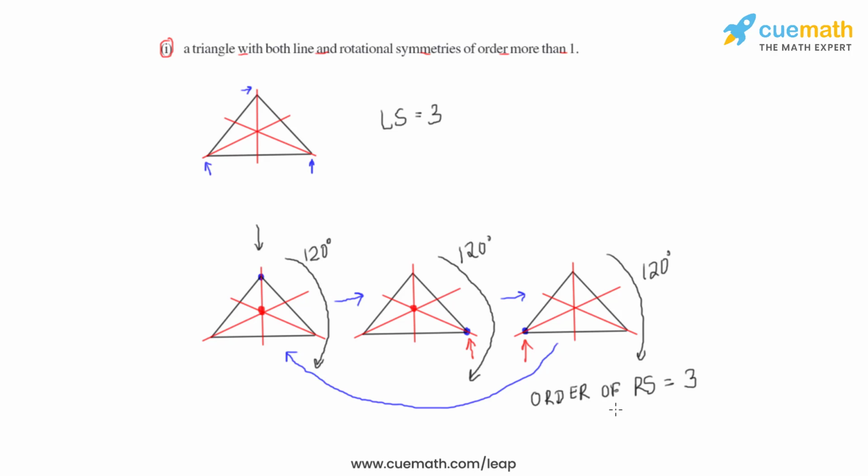So for an equilateral triangle, we have both the line symmetry and the rotational symmetry, which is definitely more than 1, and 3 to be exact. Let us now see the next part of this question. So the next part of this question says that we have to draw a triangle with only line symmetry and no rotational symmetry of order more than 1.